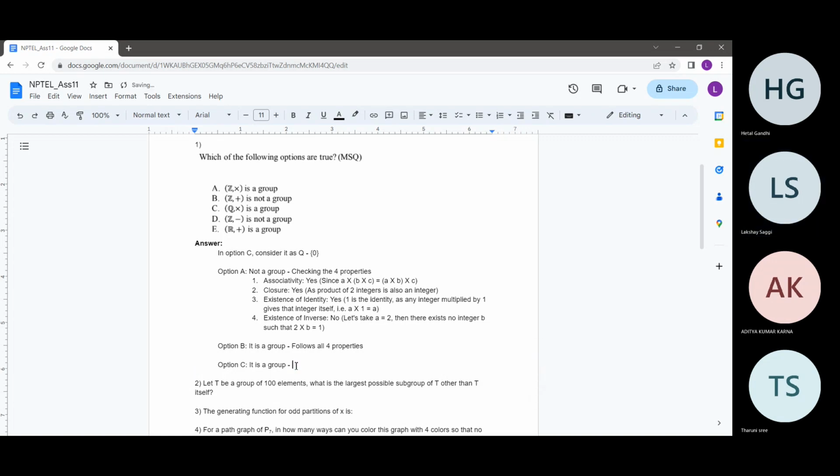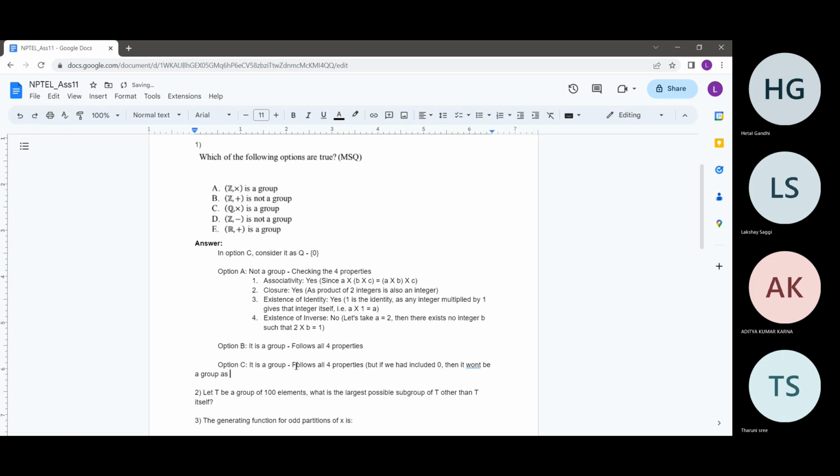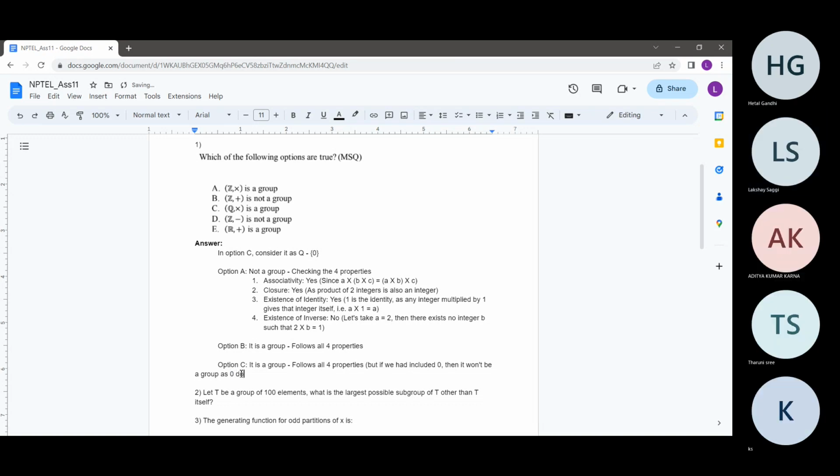So this follows all four properties. But if we had included 0, then it won't be a group, as 0 does not have a multiplicative inverse.